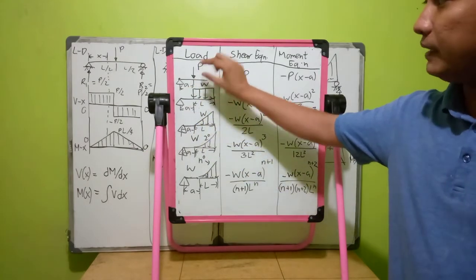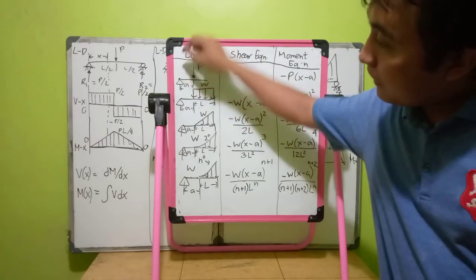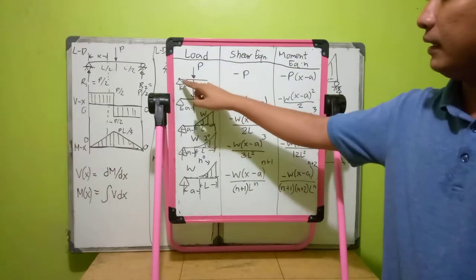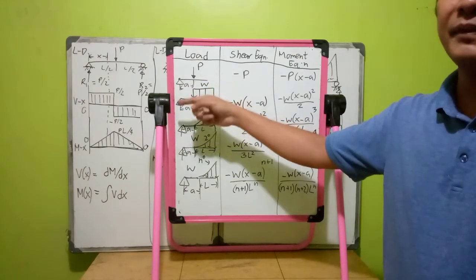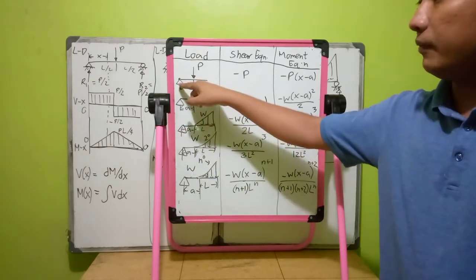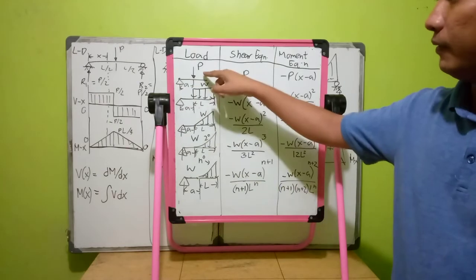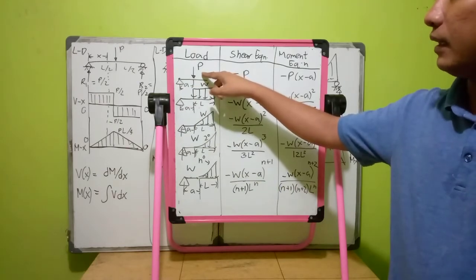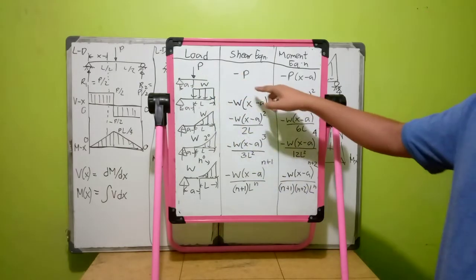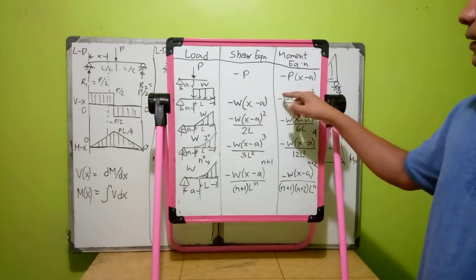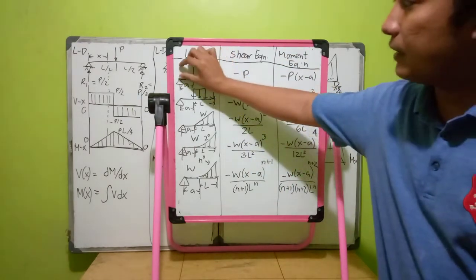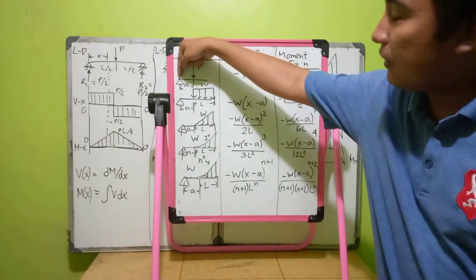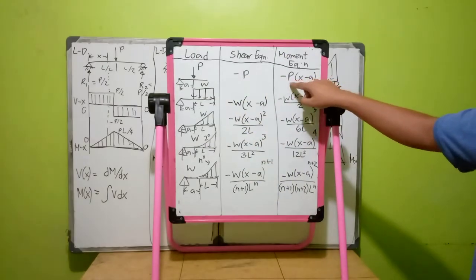If this P is located directly at the leftmost side of your beam, automatically your A will be 0. So if P acts directly at the top here, your moment equation will be negative P times x.